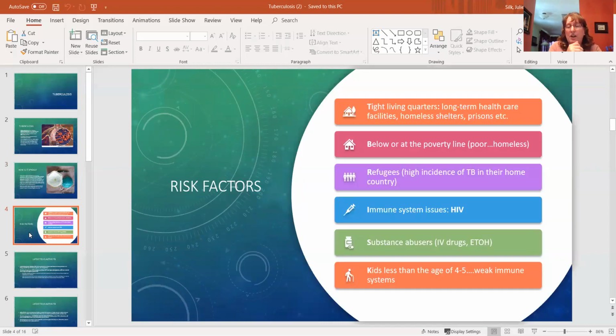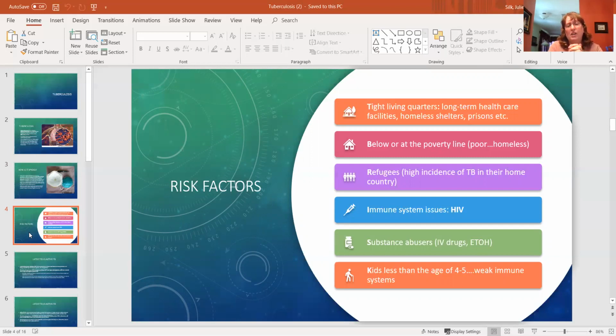So again, with the risk factors. With the tight living quarters, long-term care facilities would be at risk, homeless shelters. Those would be a couple others to add to our list. And then if you live below or at the poverty line, so maybe you're homeless, you're going to be more at risk. Any type of refugee from a home country with a high incidence of TB is going to be more at risk.